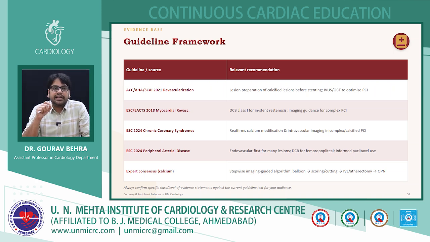And ESC 24 also for peripheral endovascular first for many lesions, and DCB for femoropopliteal. And expert consensus shows a stepwise imaging guided algorithm: you do pre-dilatation, you do IVL or atherectomy, then you do the OPN if under-expansion. This is the streamline of what you do.